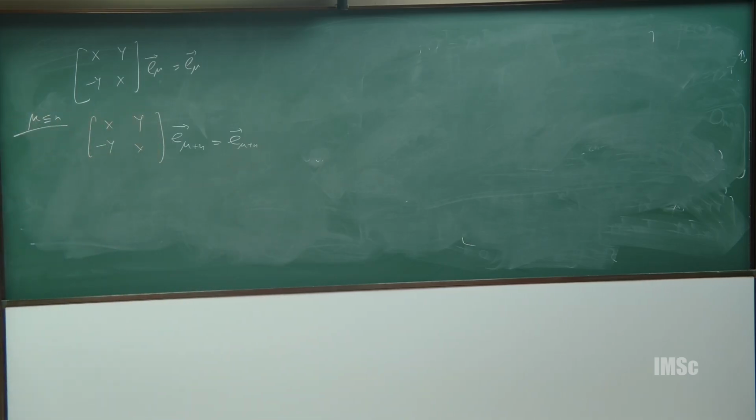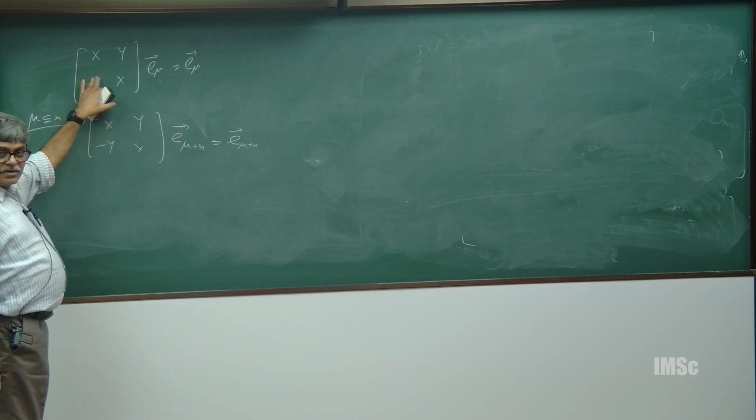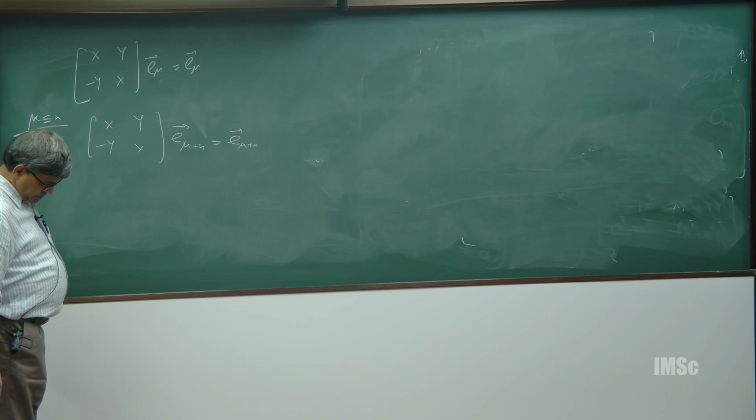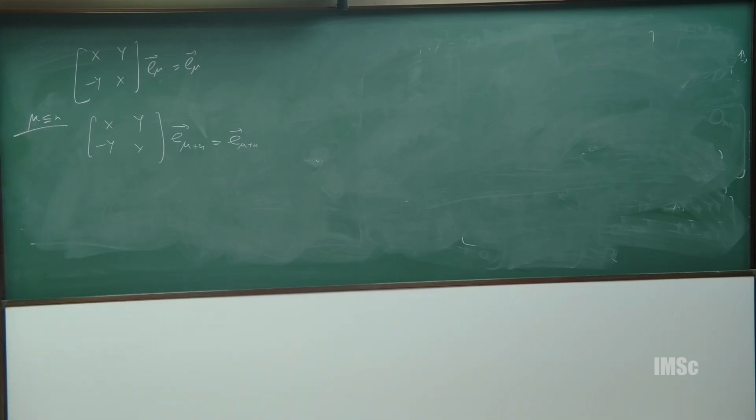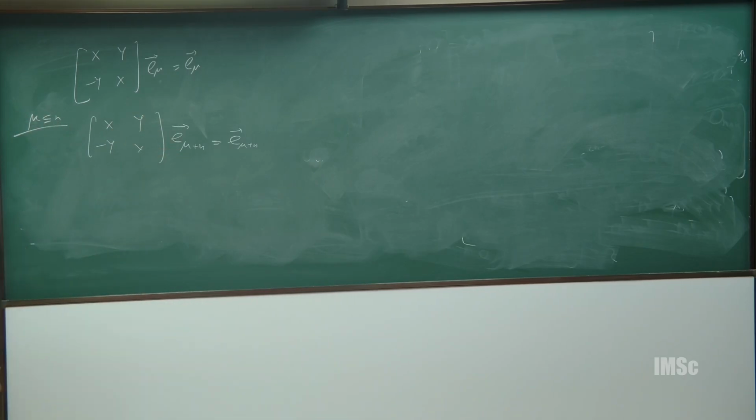Now, where is the problem? If you take such matrices, it does not change these vectors, and then the problem is that you cannot scan these S2n minus 1.